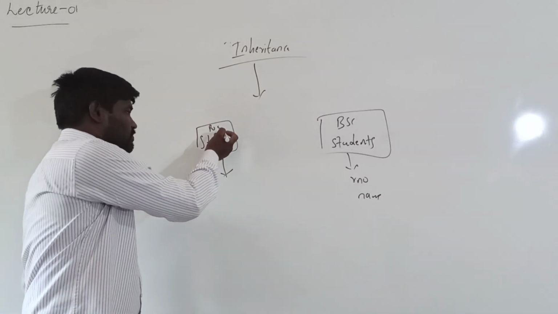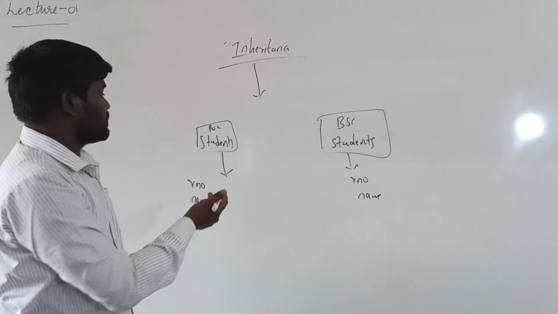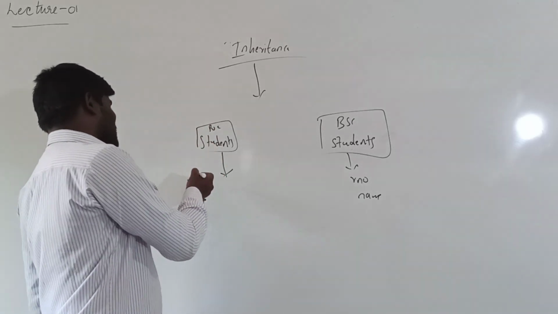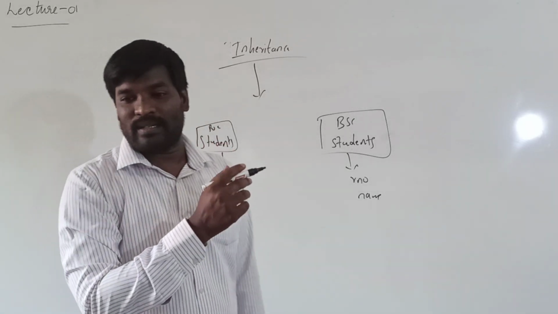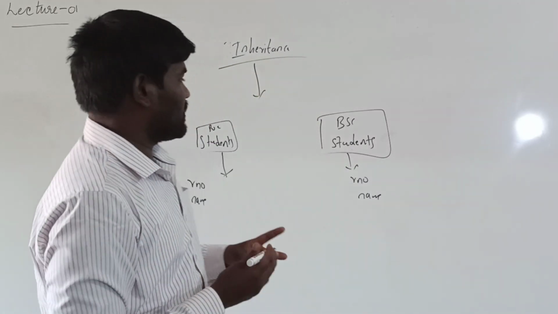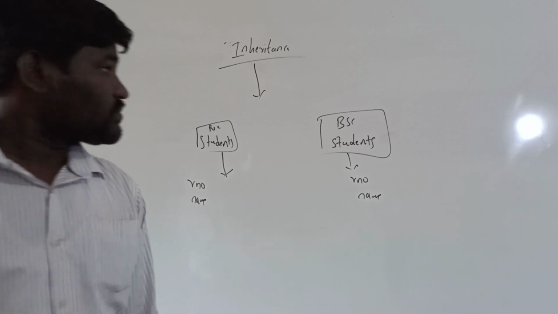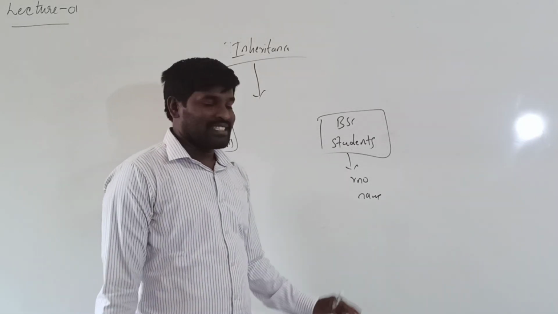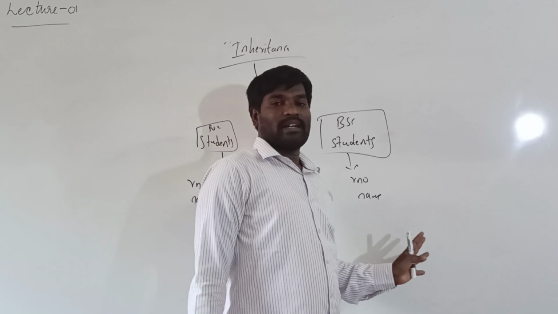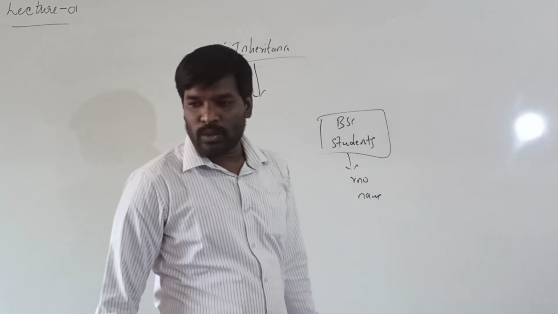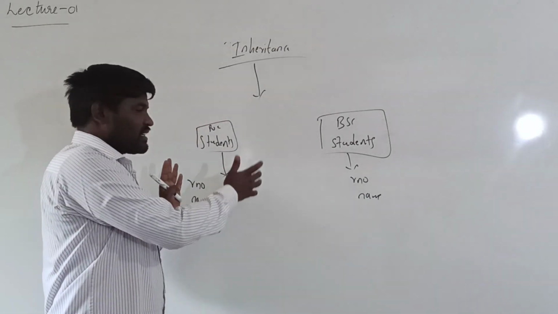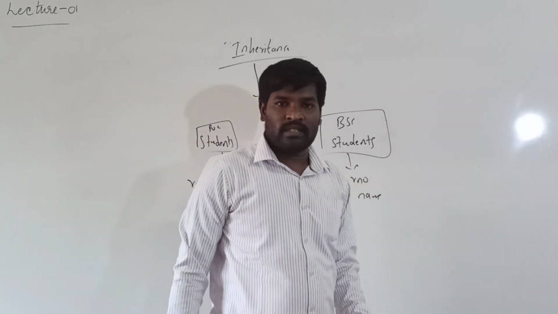Suppose I write one class for PUC students, I must declare the roll number and name. In the same way, when writing the BSc student class, again I declare the roll number and name. So totally, two times I write roll number and name.